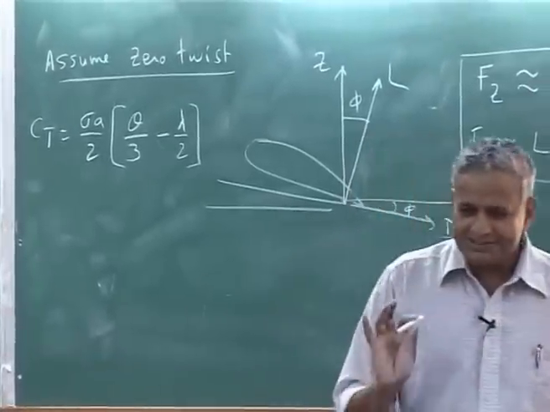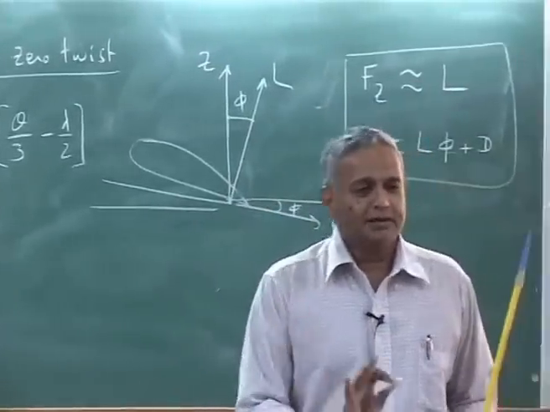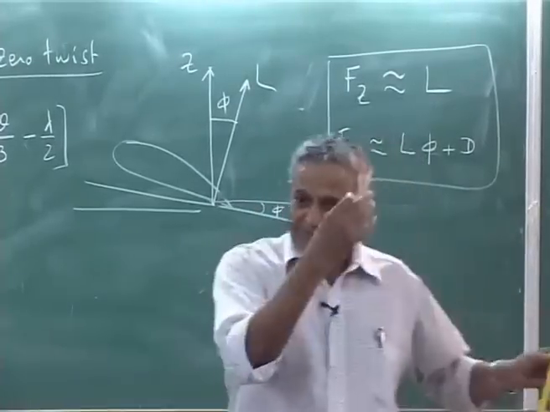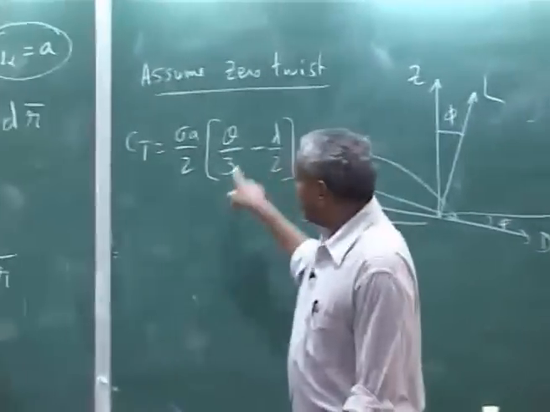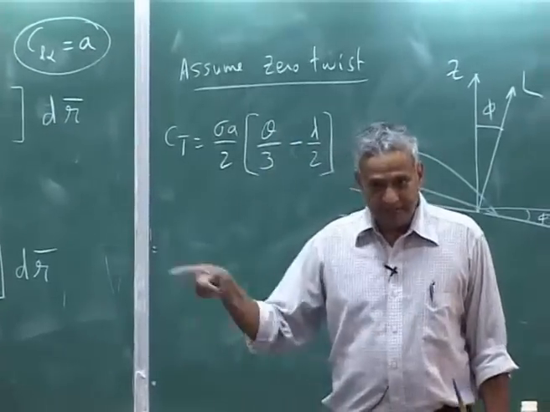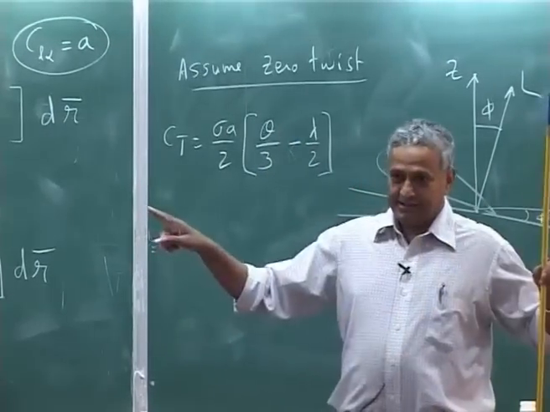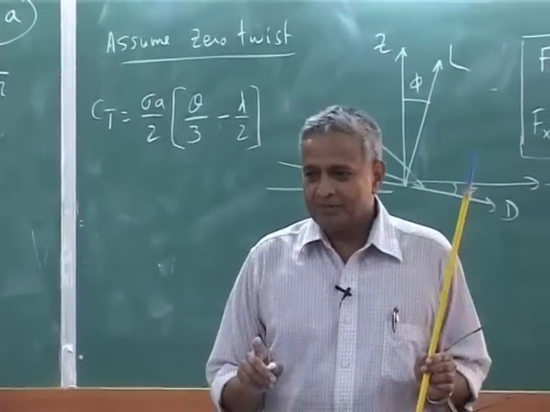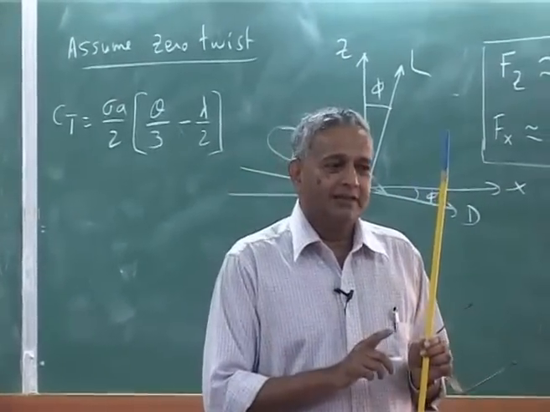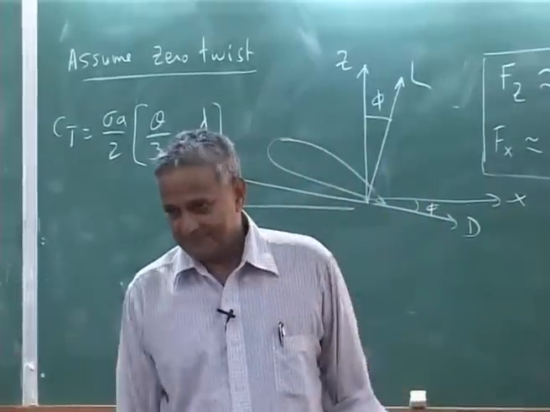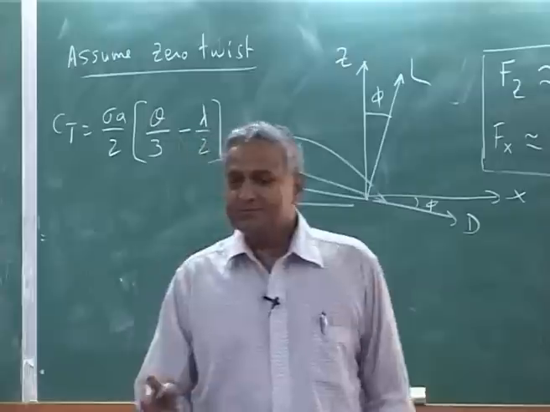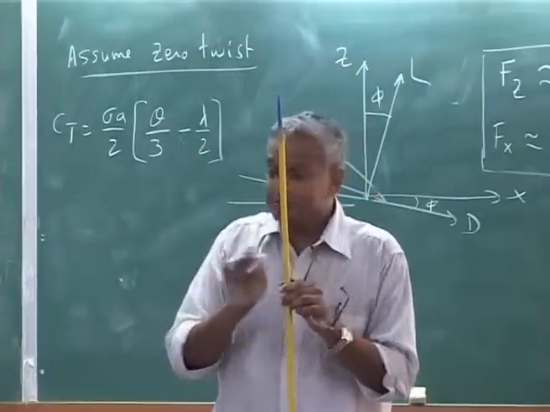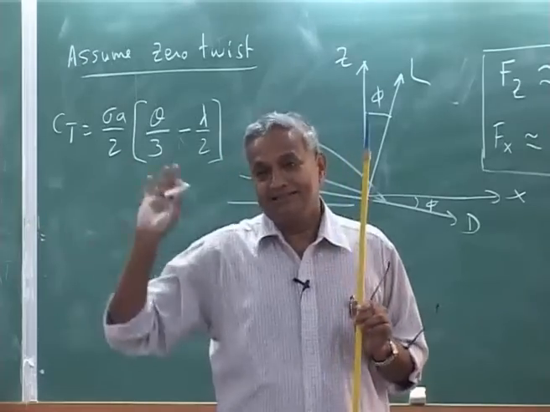Very simple expression, but you do not know lambda, that is a different thing, but if it is hover, we will see how we get it. If you have a twist built in the blade, then you have to take that into account. Usually rotor blades are made with a linear twist. Linear twist means the angle theta varies linearly from root to tip with a reduction.